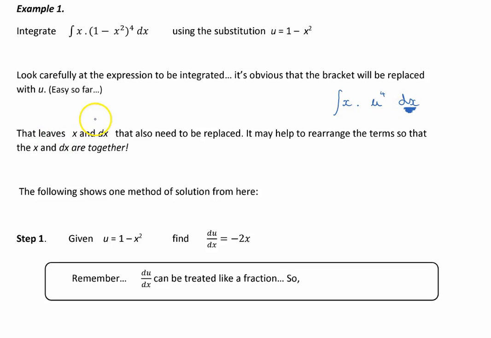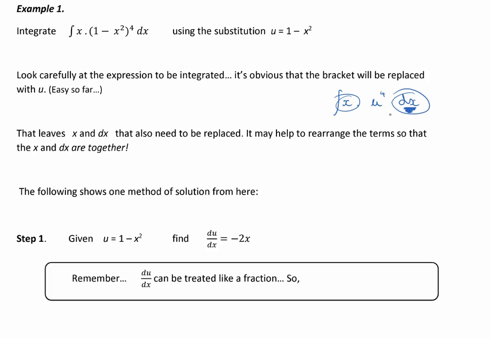So it goes on to say that leaves us with two problems, the x and the dx, obviously, and they need to get replaced. Now, what you'll see often is, if you watched the first video, we can get expressions for x and dx. Sometimes that just falls out of other little tricky techniques.